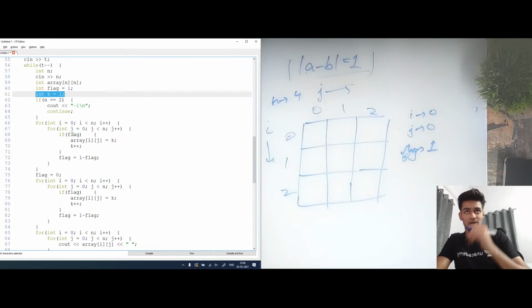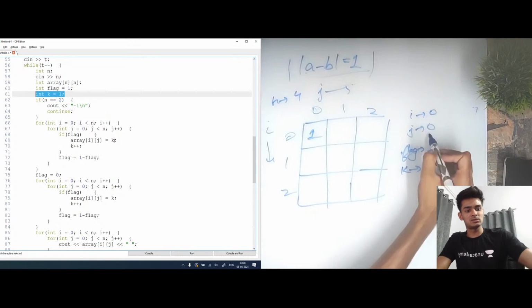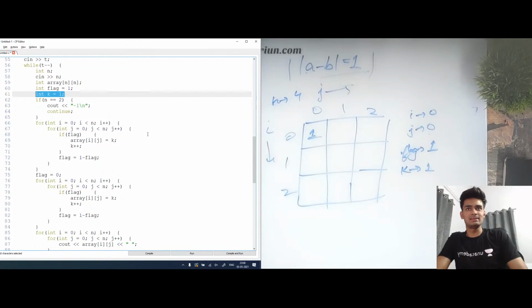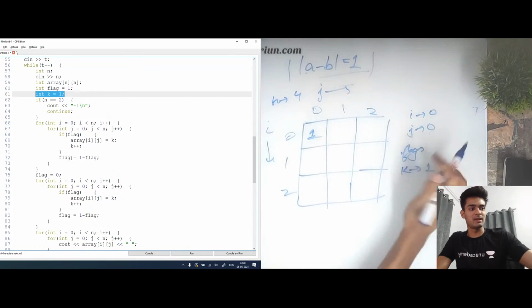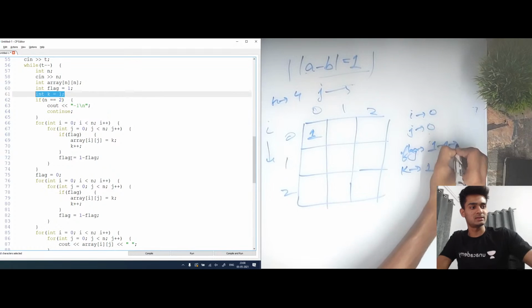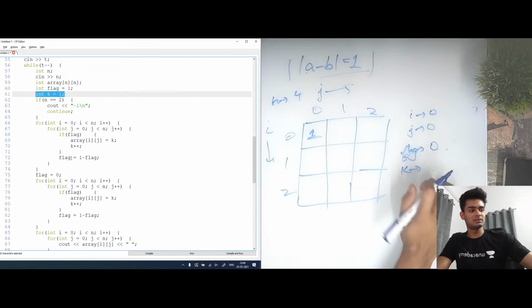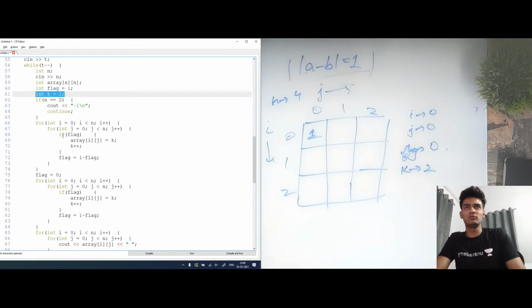Now if my flag is 1, I'll make array ij equals to k. My k is 1 right now, so I'll place 1 at 0 0. The next thing that I do is I change my flag to flag equals to 1 minus flag. So this becomes 1 minus 1, which is 0. So my flag now becomes 0. My k becomes k plus plus, which is 2, and I move forward.